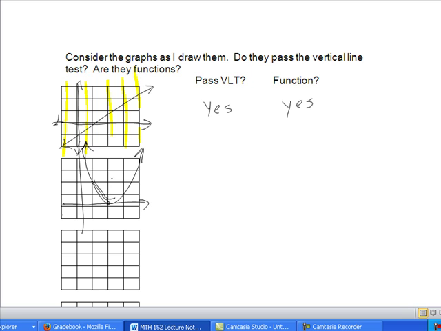Okay, so we have a parabola, and again, let's think about our vertical line. Anywhere it does pass the vertical line test, and therefore it is a function.